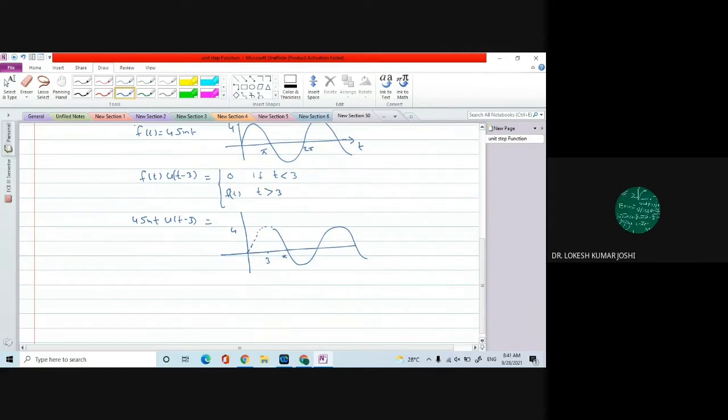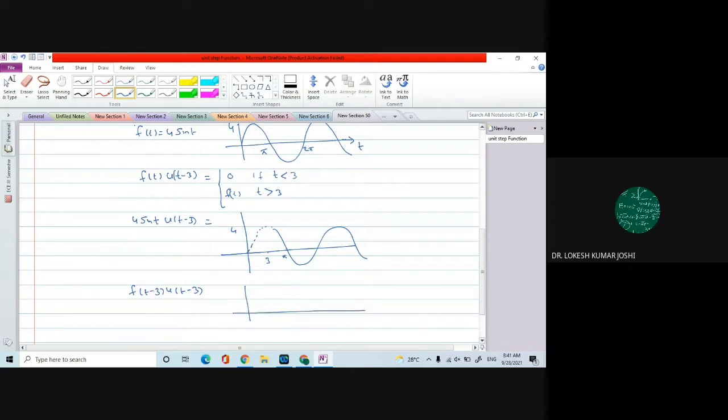We can also write the value of f(t minus 3) u(t minus 3). Suppose we shift our function 3 units to the right.